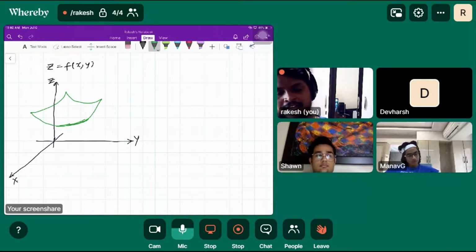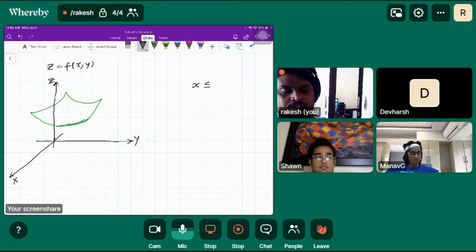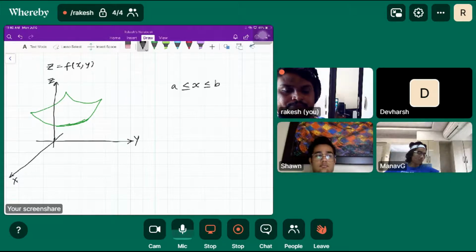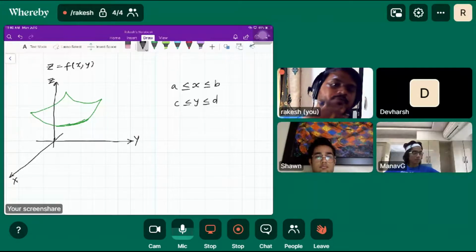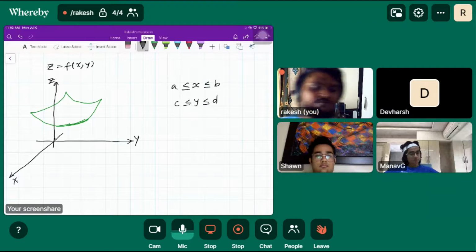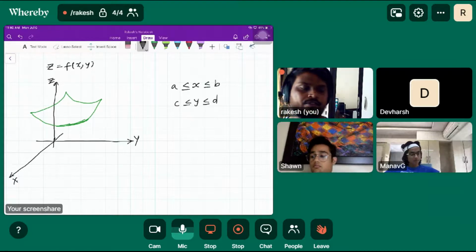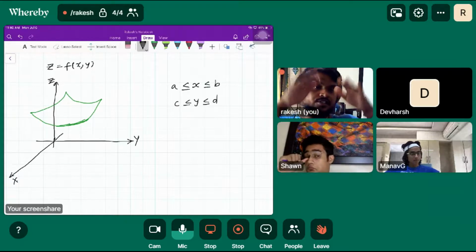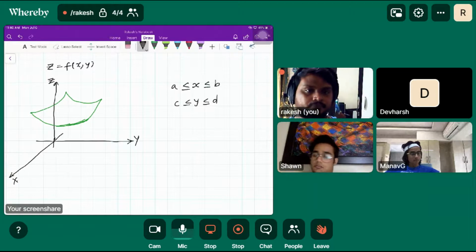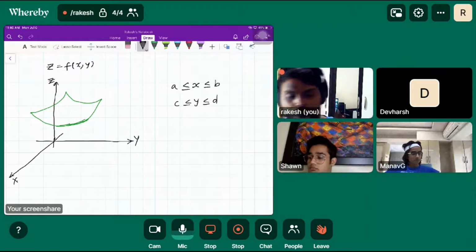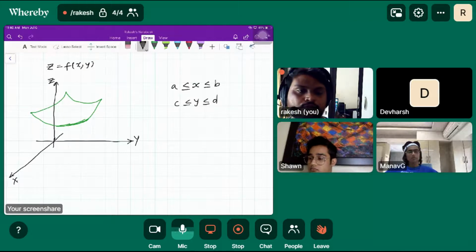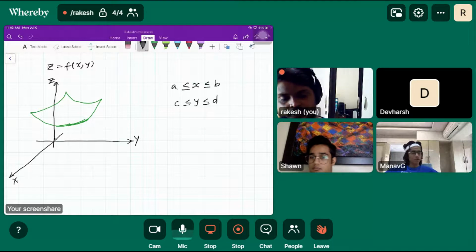Suppose x is within a and b, and y is within c and d. That provides the boundary condition, and for this boundary condition we can definitely find the volume under the surface, right? So let me draw the conditions here. See, x is going from a to b, right?